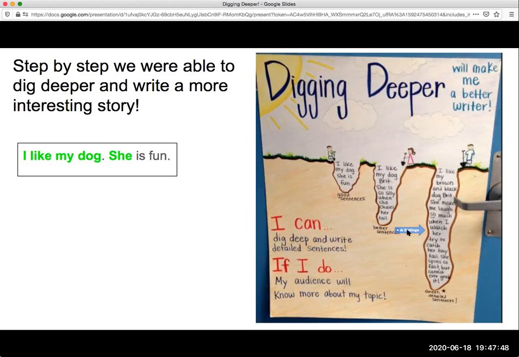This is called basically editing, and you can edit your story many, many times. The goal is that each time you add more information and detail, the more interesting your story becomes.